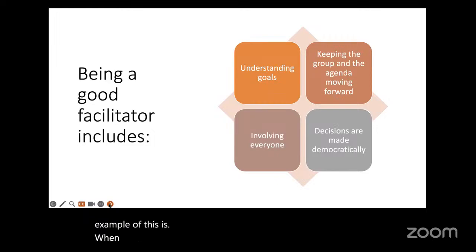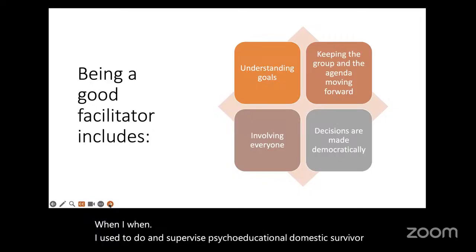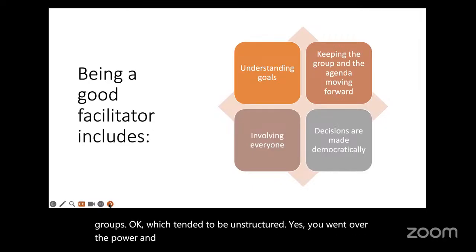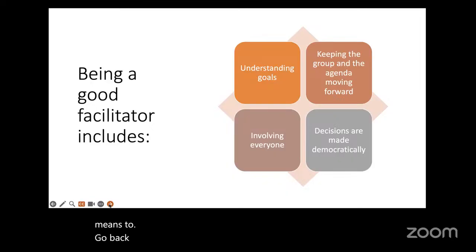when I used to do and supervise psychoeducational domestic survivor groups, okay, which tended to be unstructured. Yes, you went over the power and control wheel. You went over what it means to go back if a survivor chooses to, what it means to move forward if the survivor chooses to.